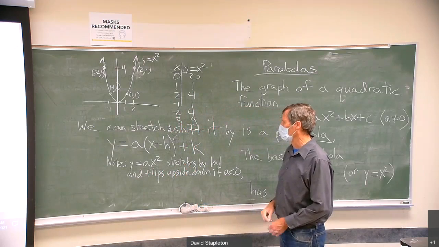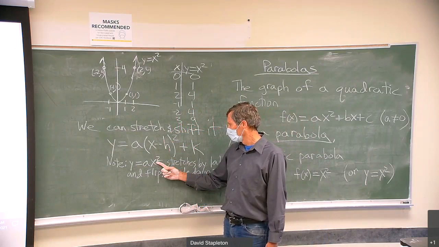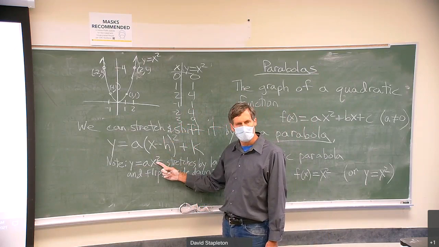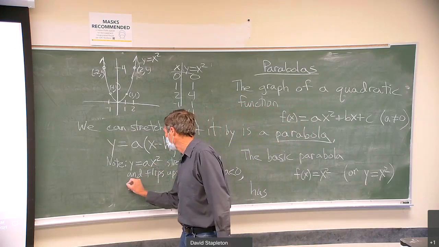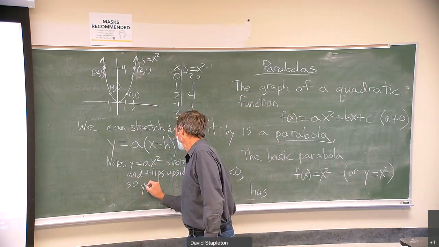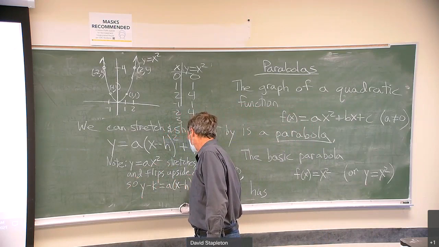Now we want the h and k after that. Now from this equation, once I've stretched it, maybe flipped it, how can I move it around? So y minus k equals a times x minus h squared does what?